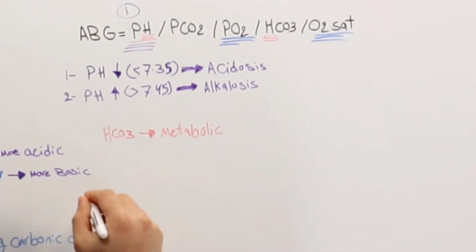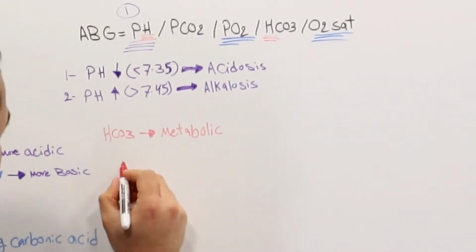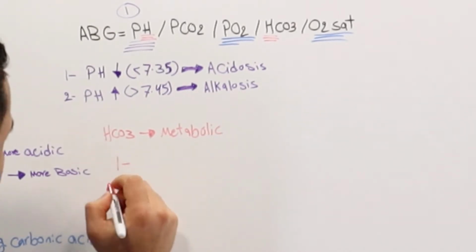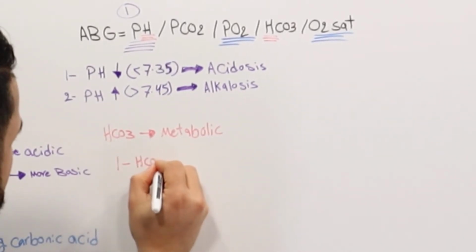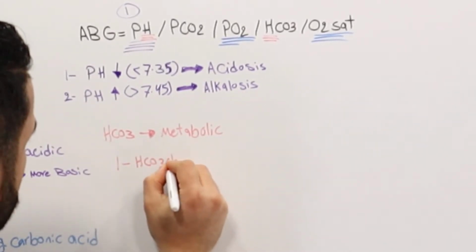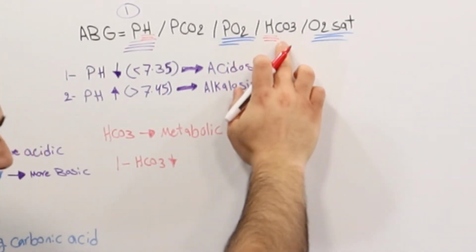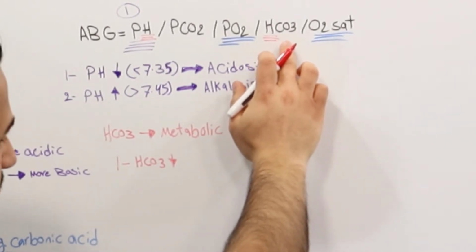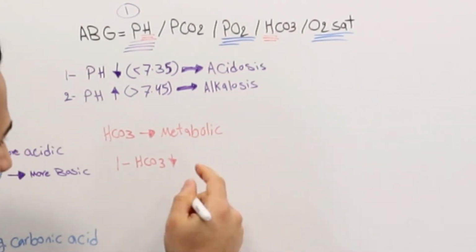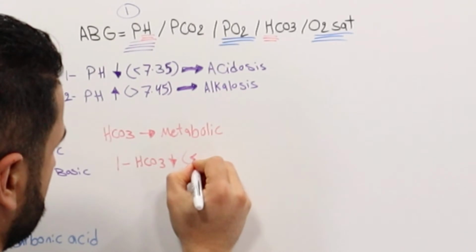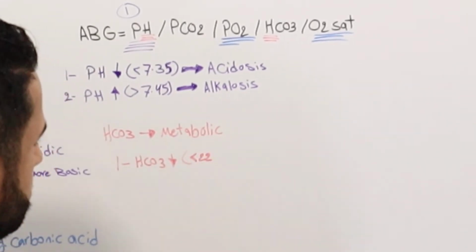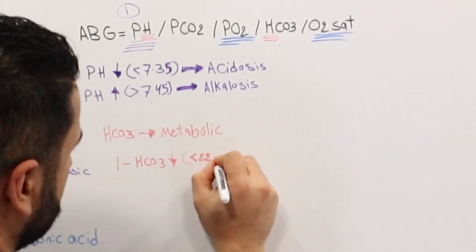Number 1, if HCO3 is going low, and the reference number was 22 to 26 milliequivalent per liter, if it's going low, that means it's less than 22 milliequivalent per liter.